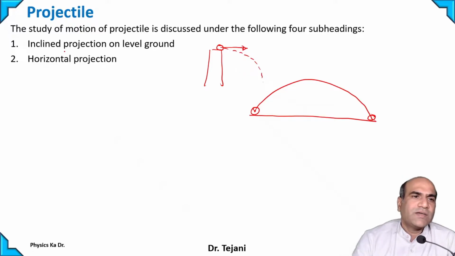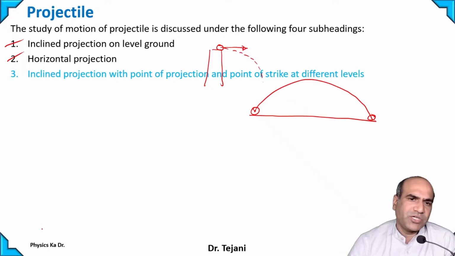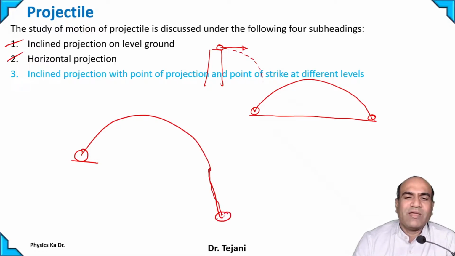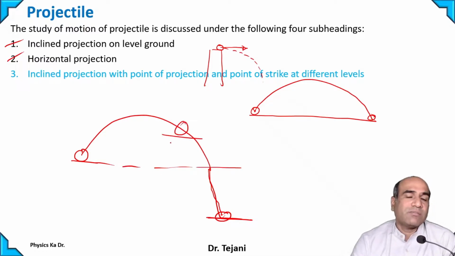So we did 1 and 2, and now the third one is inclined projection with the point of projection and point of strike at different levels. That means the object is projected and may go below this level, or it may touch at some height.